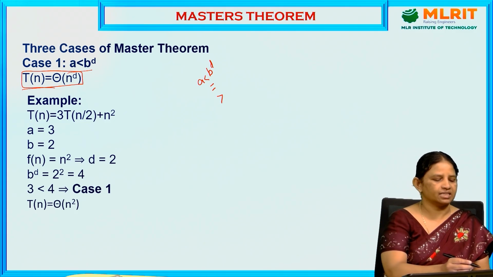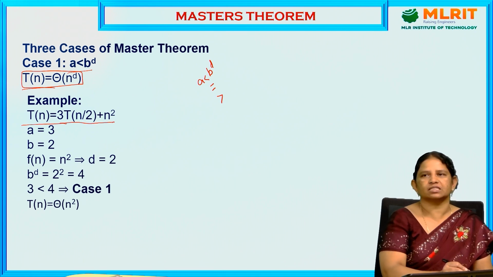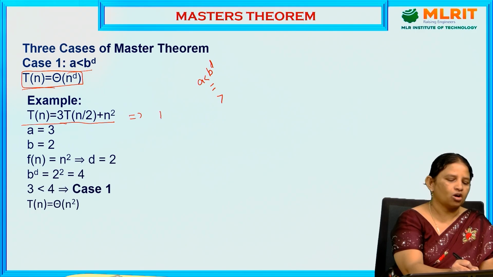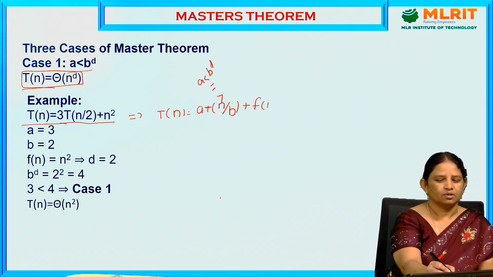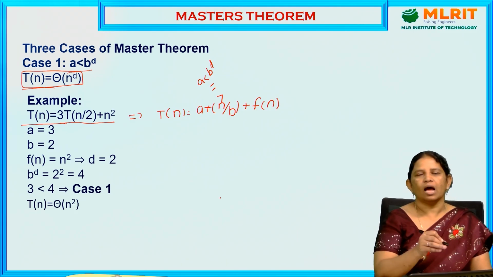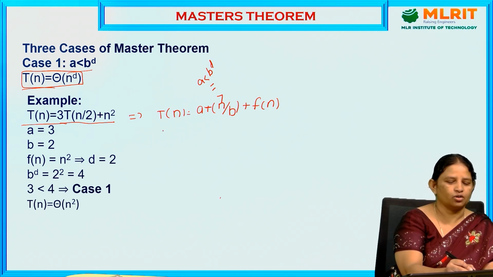Consider the first example: T of n equals 3T n by 2 plus n square. What is the given recurrence relation? T of n equals a T n by b plus f of n. We need to compare this recurrence relation with the given example and find the value of a, the value of b, and the value of f of n.